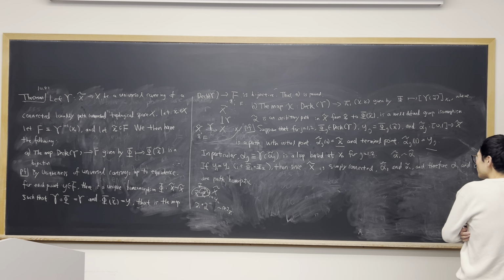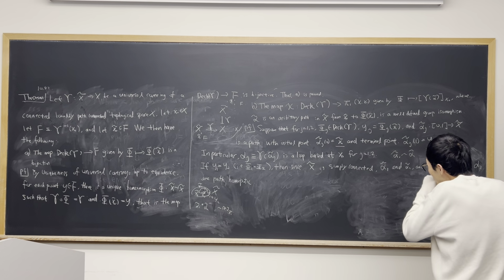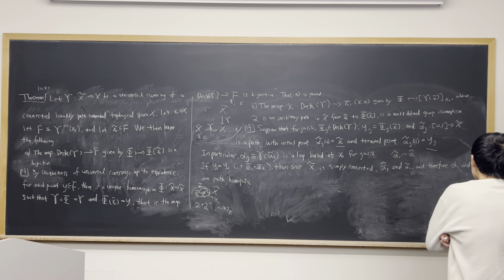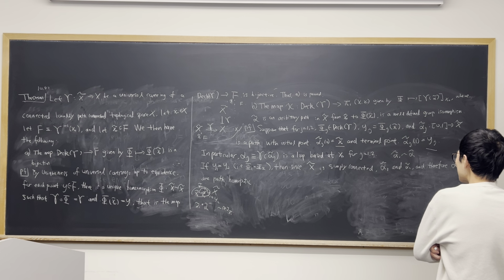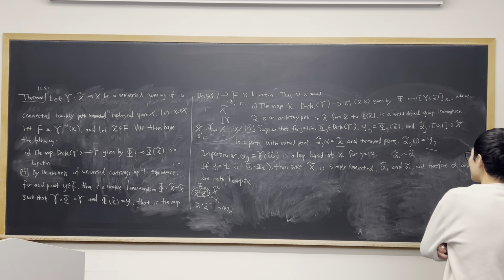So why are alpha 1 and alpha 2 path homotopic? Because you have a homotopy upstairs, right?